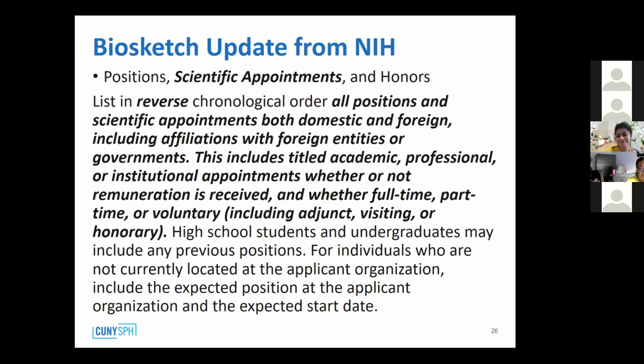High school students and undergraduates may include any previous positions. For individuals who are not currently located at the applicant organization, include the expected position at the applicant organization and the expected start date. Again, these changes become effective on January 25th, 2022.